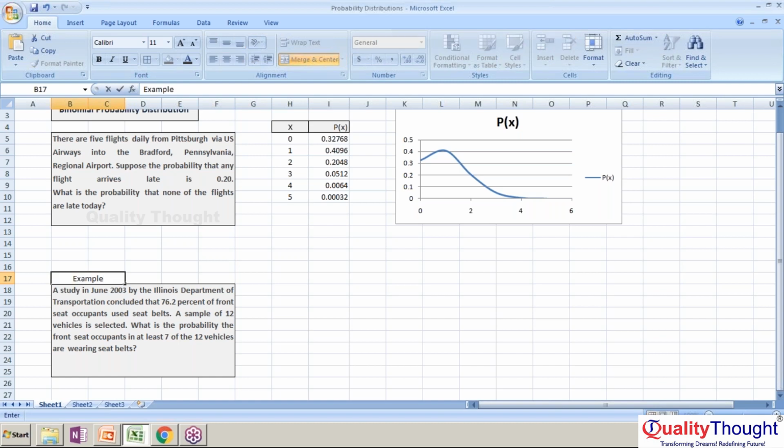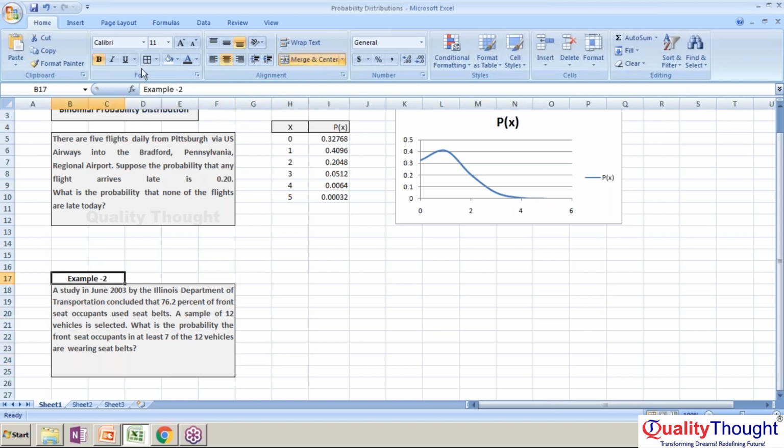Conducted that 76% of the front seat occupants used the seat belts. A sample of 12 vehicles is selected. What is the probability of the front seat occupants in at least 7 of the 12 vehicles are wearing seat belts? Good question.